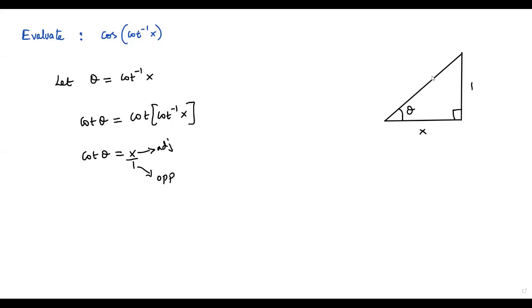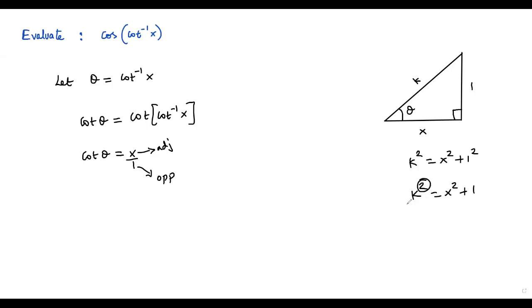Instead of the hypotenuse, I just assume k as the length of the hypotenuse. Now we can use the Pythagorean theorem to get the value of k. According to the Pythagorean theorem, the square of the hypotenuse equals the sum of the squares of the other two legs. Then I get k squared equals x squared plus 1 squared. The evaluation of 1 squared is just 1.